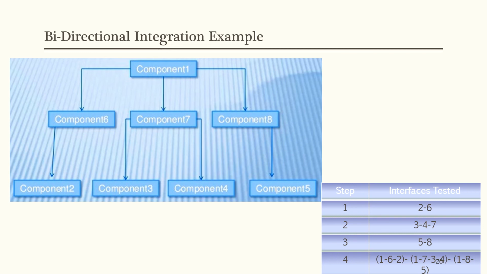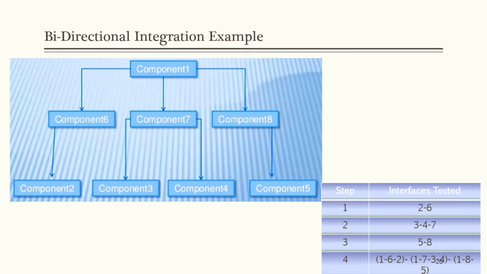Bidirectional integration example. Here in the figure you can see bidirectional integration of 8 components. The table shows that at step 1, component 2 is integration tested with component 6. At step 2, component 3 and component 4 are integration tested with component 7.